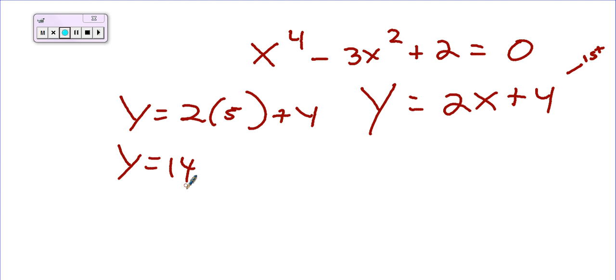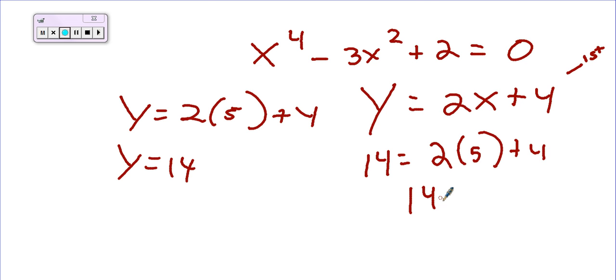We can prove it in the original equation by plugging in the numbers for what we just said. So 14 for y and 5 for x. This means that 14 equals 14 as a proof.